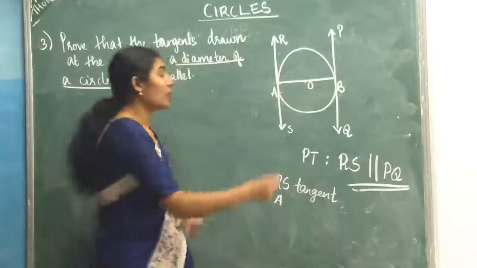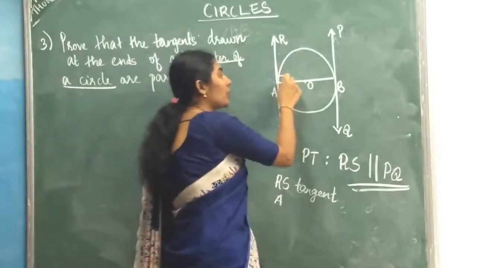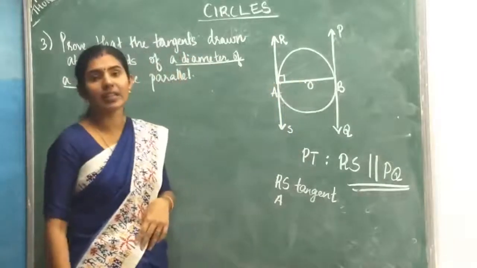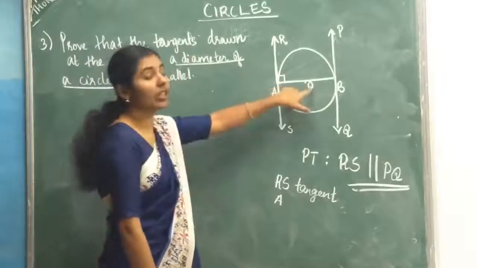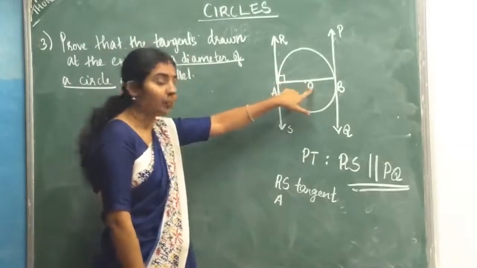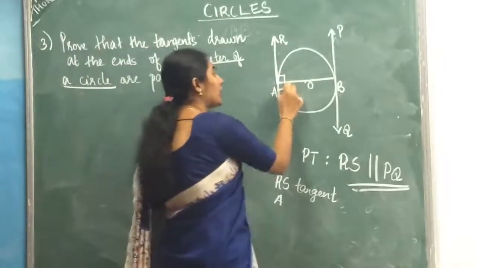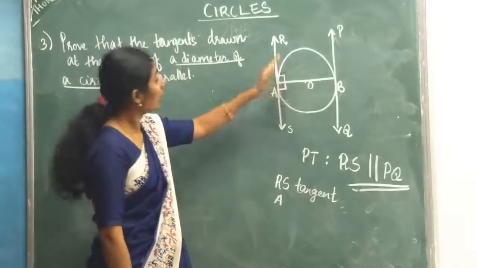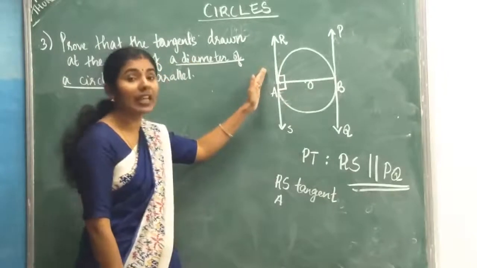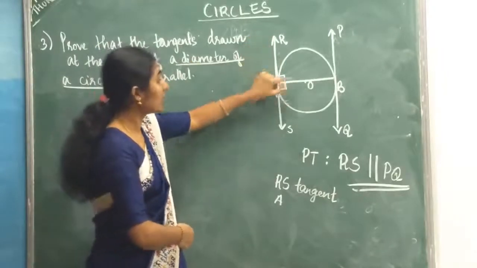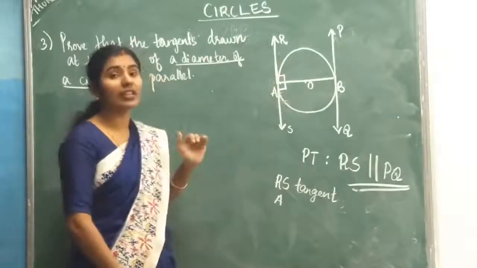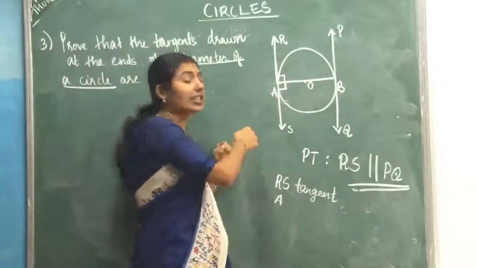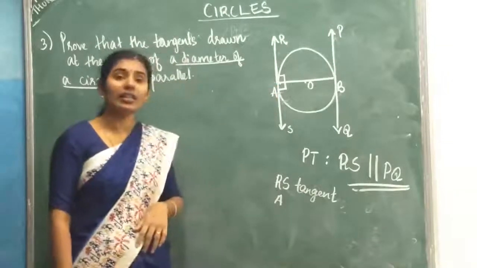So what can you say? Radius is perpendicular to tangent. So the angle formed here is 90 degrees. Here also 90 degrees. See here, radius is perpendicular to tangent, so here forms an angle of 90 degrees. Here also forming 90 degrees.